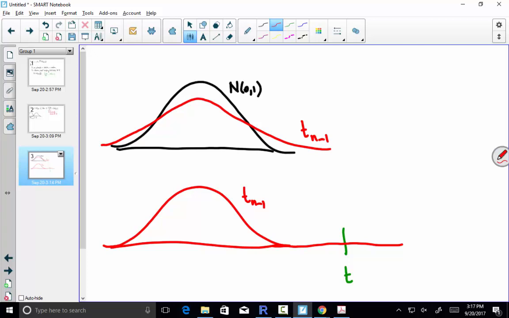And then we're saying, okay, assuming the null is true, the red curve should be controlling the values that I see. But maybe I saw that green t, which looks very unlikely to have come from the red curve. Then that's my quantitative way of saying the null is probably not true.